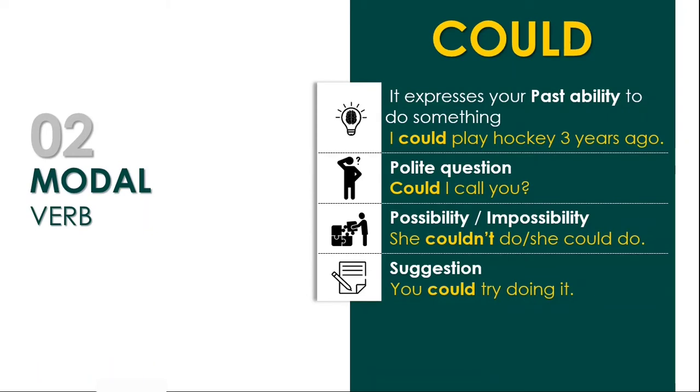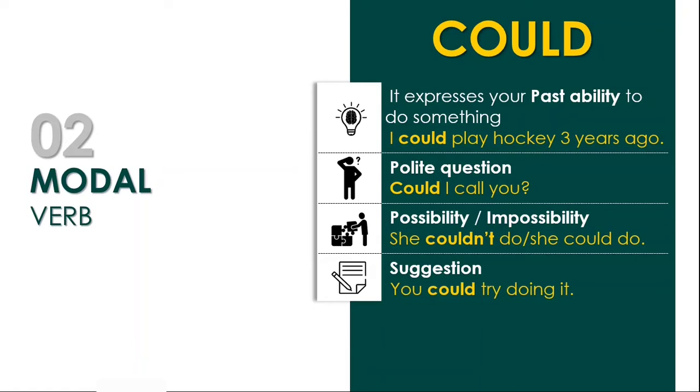Okay, that's called. Could. What about could? It expresses your past ability. Remember हमारे दादाजी या नाना जी होते हैं वो क्या बोलते हैं? What they say, our grandfathers and grandmothers, they say that, oh, when I was in your age, I could walk 5 or 6 miles, and you are nothing.